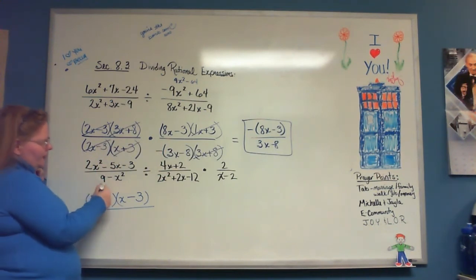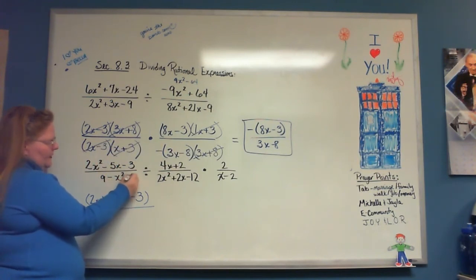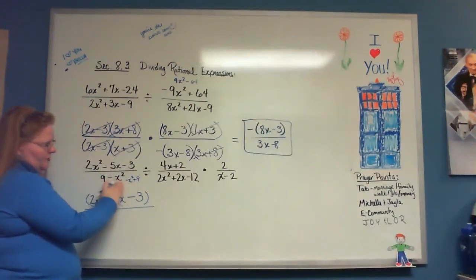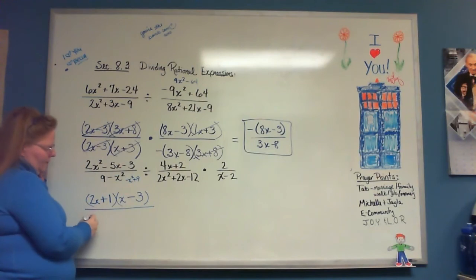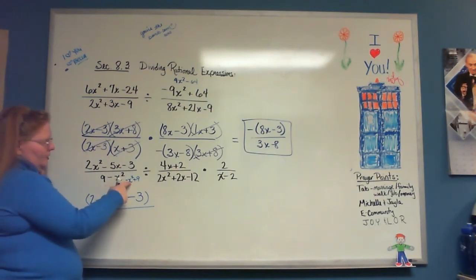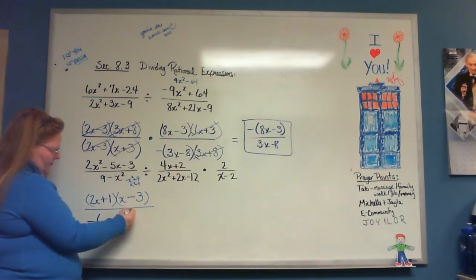So when I rewrite this, it's the same thing as saying negative x squared plus 9. Just putting it in descending order. Then because we got a negative out front, we need to factor that negative out. That'll leave me with a positive x squared minus 9. Difference of two squares.